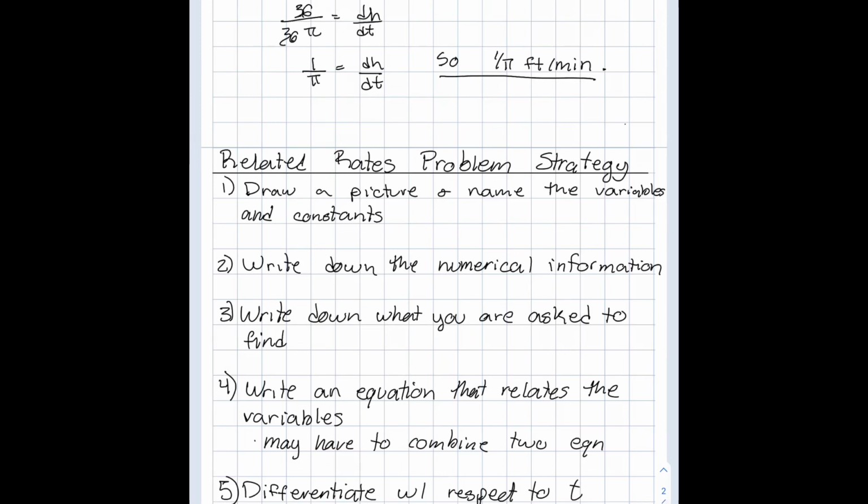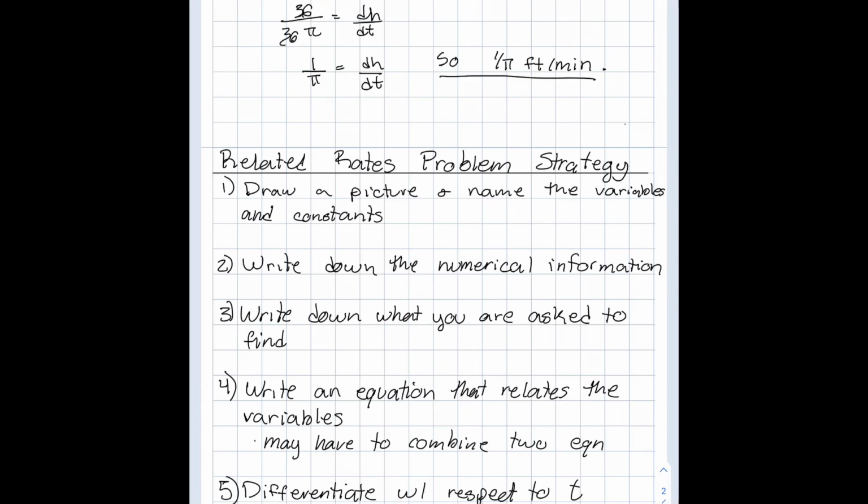So we might have to combine 2 equations, right? So I had a relationship between R and H, and I also had an equation with volume, R and H. So I had to combine them. And then we differentiated with respect to T, and we evaluated. We plugged in what we knew to find the unknown rate.